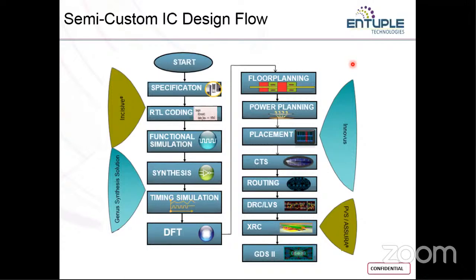Let me give you a real-time example. Like you are trying to build a house. Before you start building a house, what has to be done? You have to purchase a land, right? And you'll be planning about the available area.